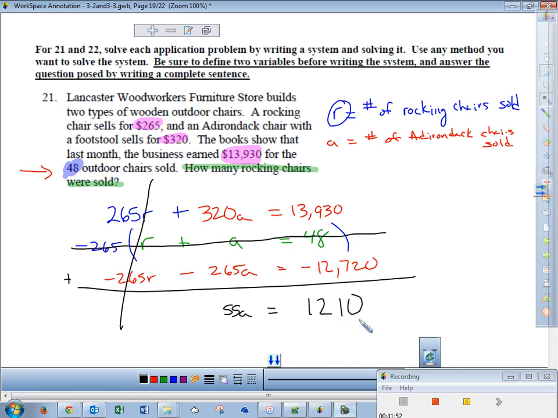Like that. 1210. Cool. Now this black equation is awesome. Isn't there just one variable left in it? So how would I solve for A? Divide by 55. You better get an integer back, right?